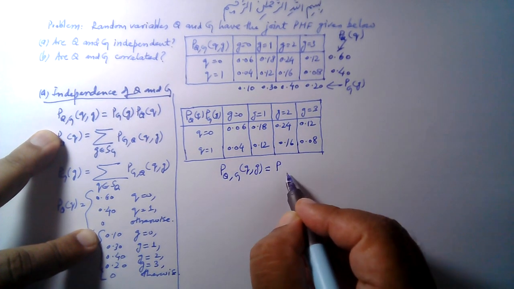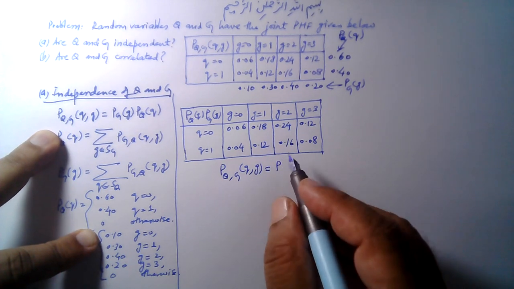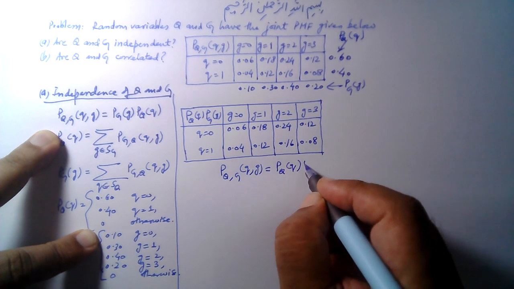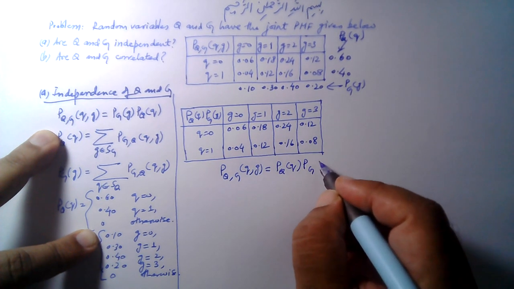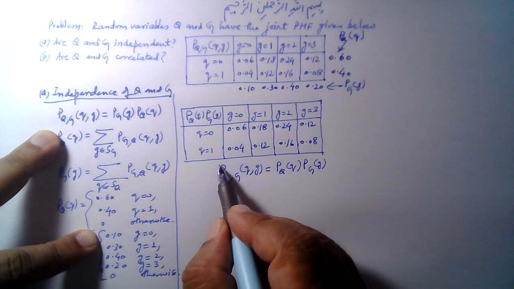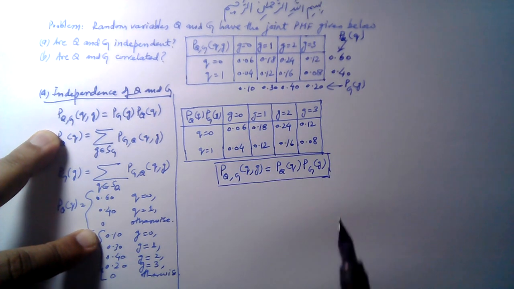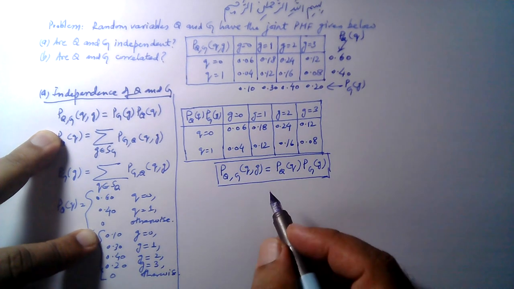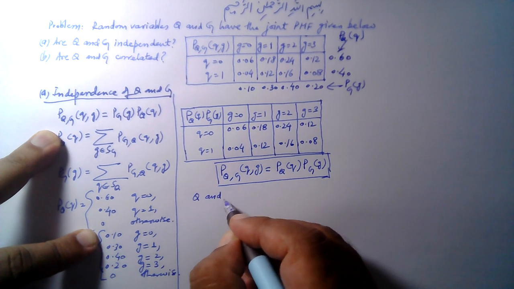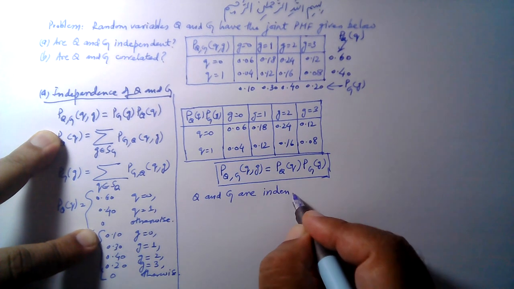The joint probability mass function is basically the product of the marginal probability mass functions. So this equality holds for the given pair of random variables Q and G, and therefore random variables Q and G are independent.